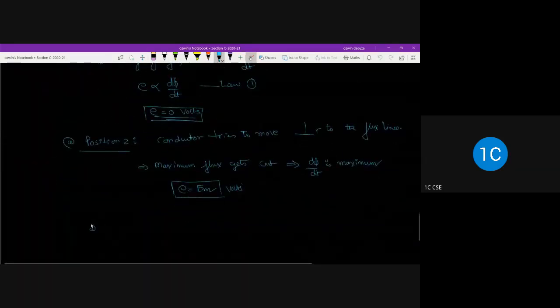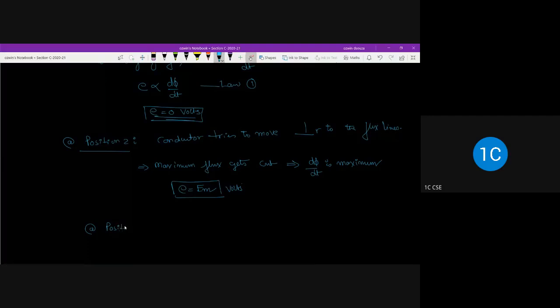So at position 3, the conductor is parallel to the flux lines, therefore no cutting of flux lines.